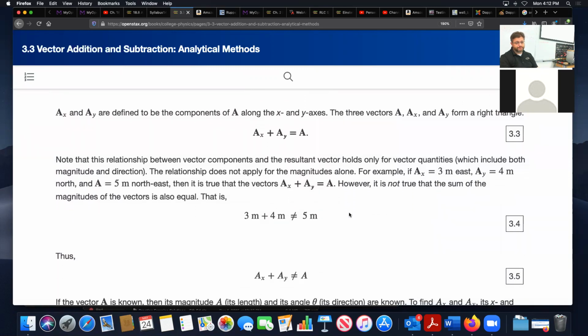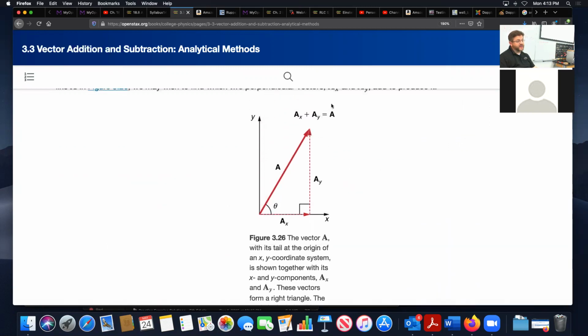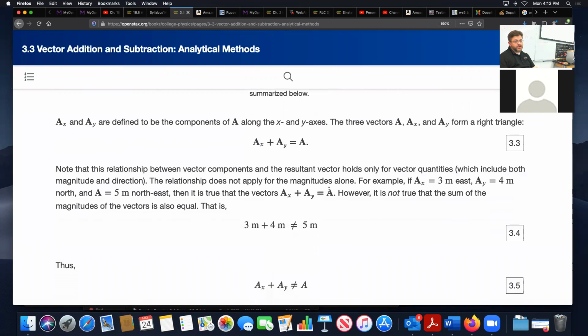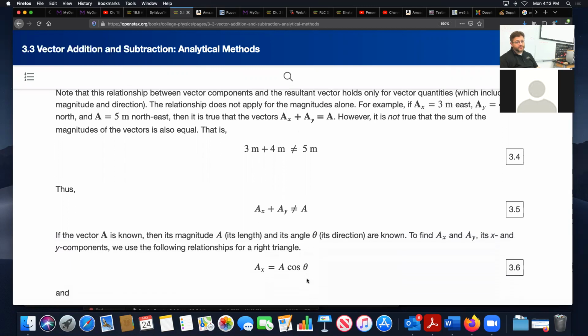These are the two perpendicularly independent parts of A in our coordinate system. If we know that A sub x is 3 meters in the east direction and A sub y is 4 meters in the north direction, then we can use the Pythagorean theorem to calculate the magnitude of A. 3 squared plus 4 squared equals 5 squared, so you get 5, right? Pretty simple one there.